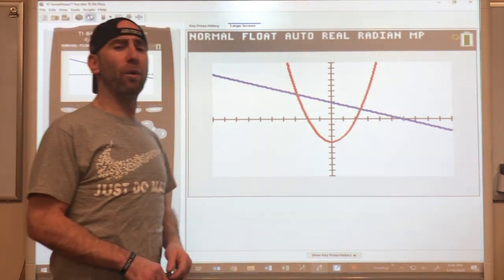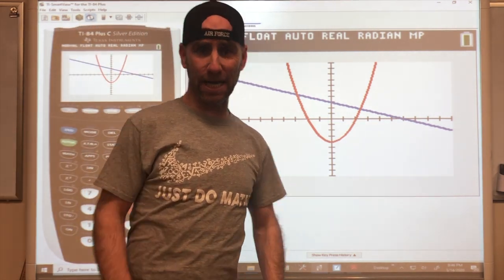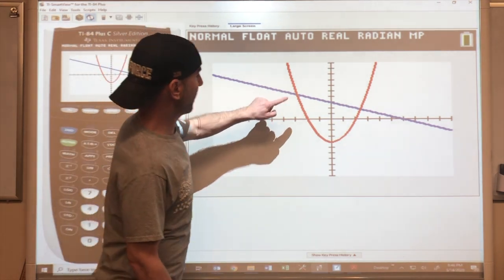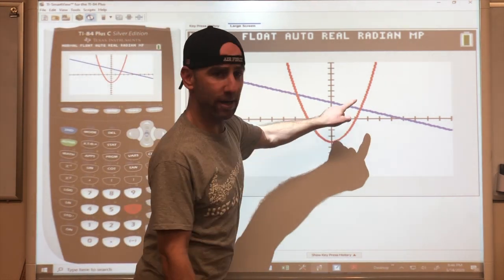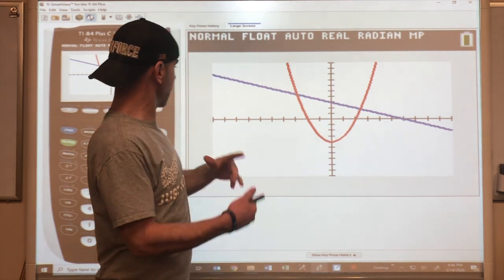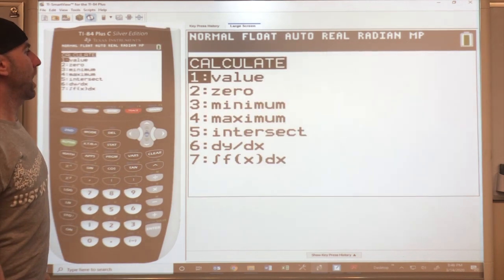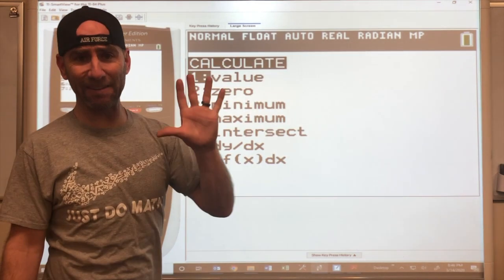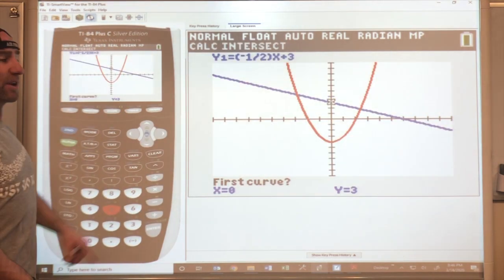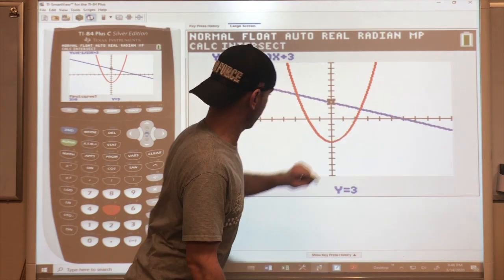And do you recall what we're looking for? Where does the solution to a system exist? And the answer is where they intersect. We're finding here and there. So let's find that using the calculator. Hit second trace, and we want option number 5, intersect right there. And then bring your flashy guy over there somewhere.